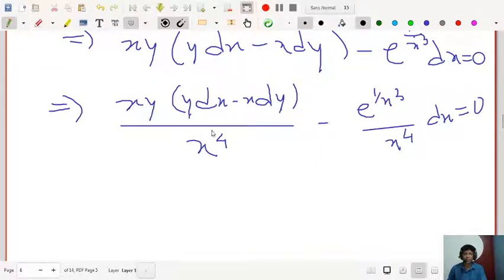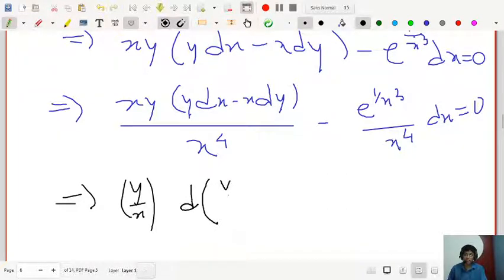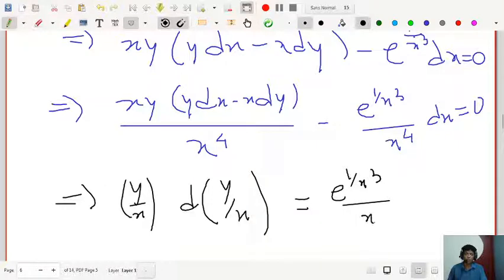So you have y by x, and with x square this expression become d of y by x. That you have learned in the table already. We spoke about that, and this is equal to e to the power 1 by x cube x to the power 4. So now you can integrate safely this equation and you can get the general solution.